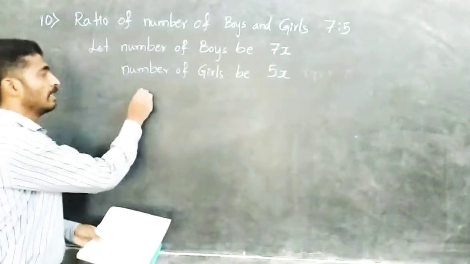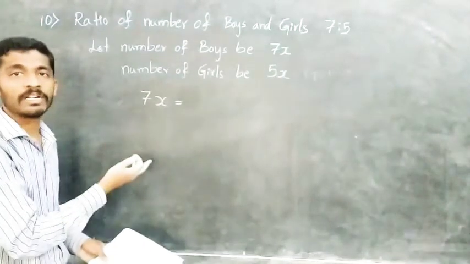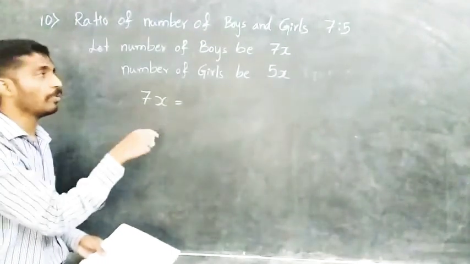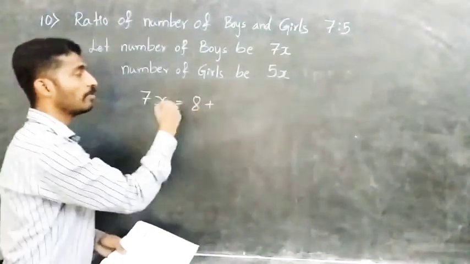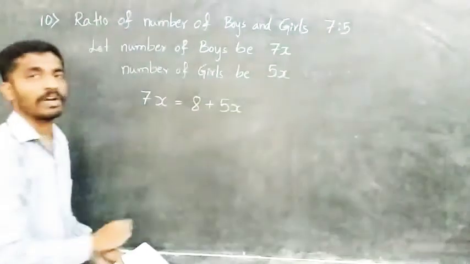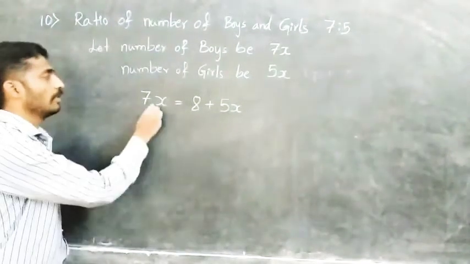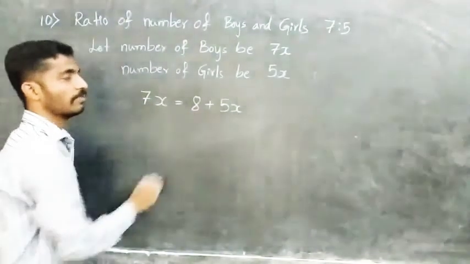It means boys are 7x, and boys are 8 more than girls, that is 8 plus 5x. So 7x equal to 8 plus 5x.